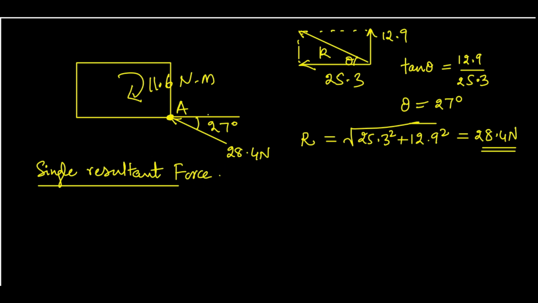So if you want the same system with a single resultant force, say at some point on the line OA, which replaces this 28.4 newton force at 27 degrees and the moment both, then that single force should cause this moment, right?